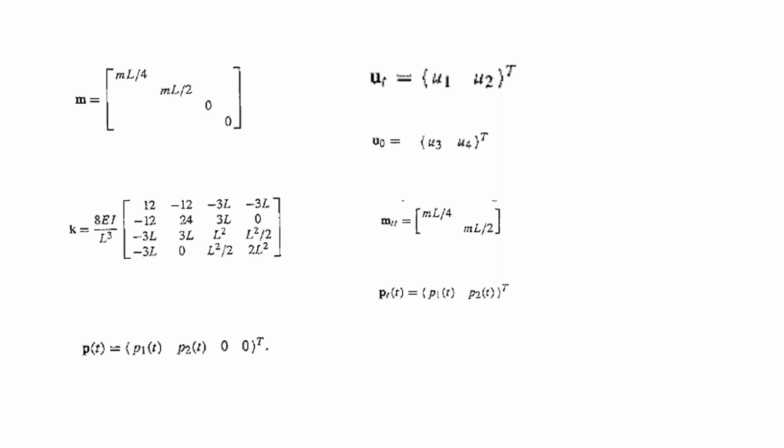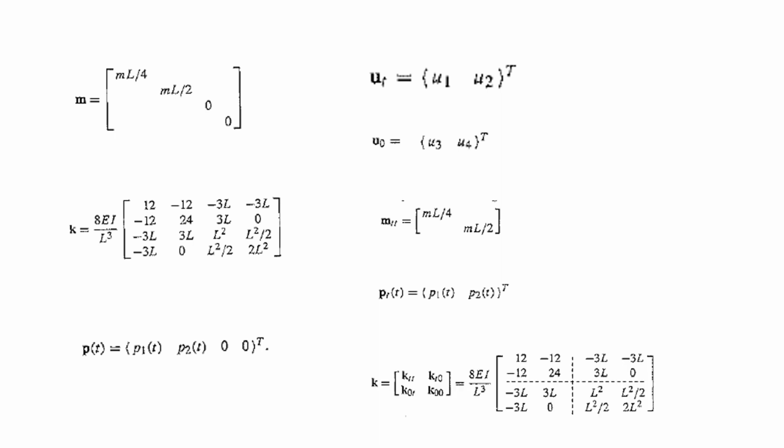Now what is the stiffness matrix K equal to? As we have already determined earlier, it's KTT, KT0, K0T, K00. Now KTT is the matrix of those known elements: 12, minus 12, minus 12, 24.